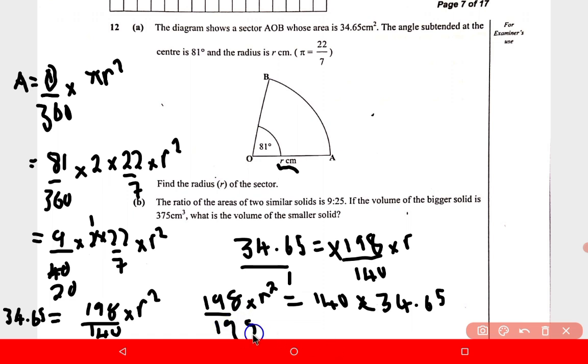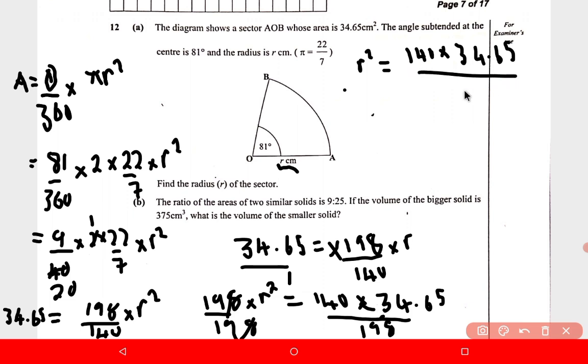Since what you want is r squared, you can divide both sides by 198. You're trying to find the radius. You cancel there, you cancel there. So you can just write r squared is equal to 140 multiplied by 34.65 over 198.